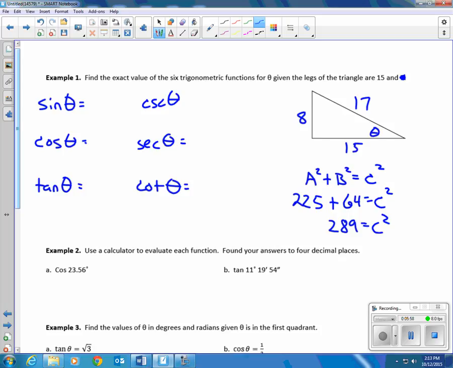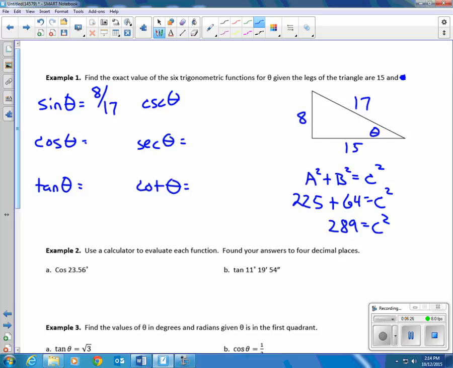So in terms of opposite, adjacent, and hypotenuse, what is sine? Opposite over hypotenuse. What is the opposite side? 8. What is the hypotenuse? 17. So sine of theta is 8 over 17.